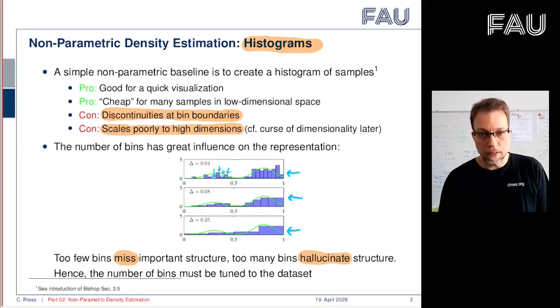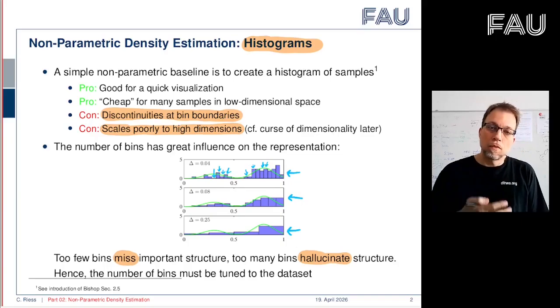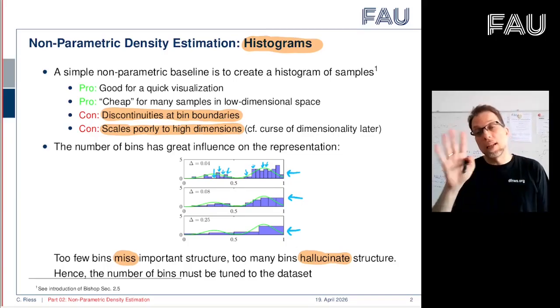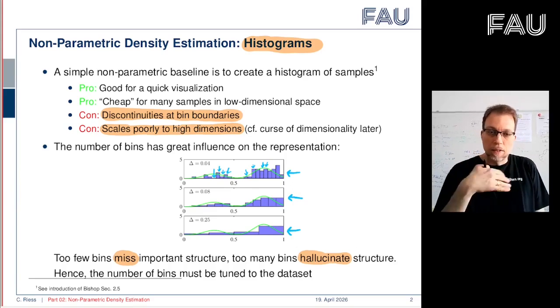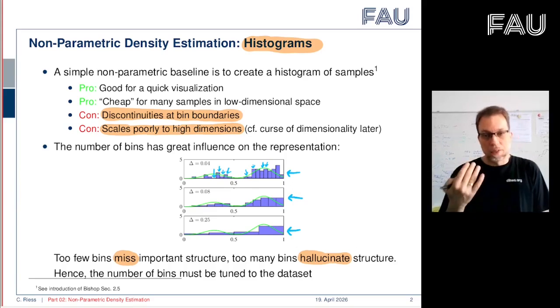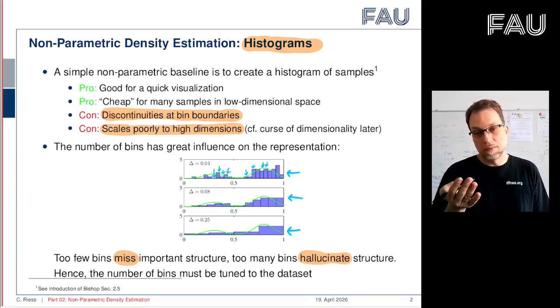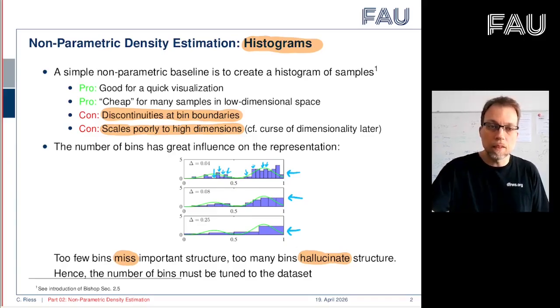So you have some variation in these bins that is not really justified from the underlying generation process. Yeah? And this is the problem. For the histograms, but also for all other methods that we look at, you must tune these hyperparameters to the data set. So for the histogram, the hyperparameter is the number of bins. Yeah? Okay.